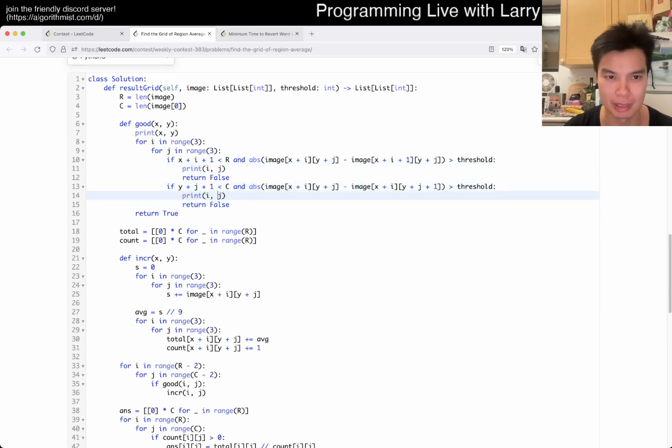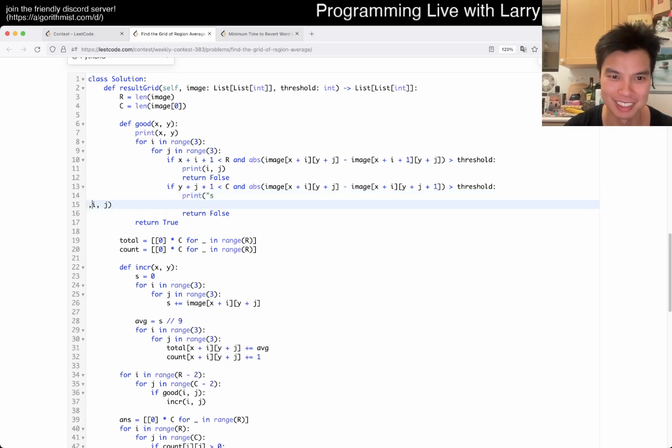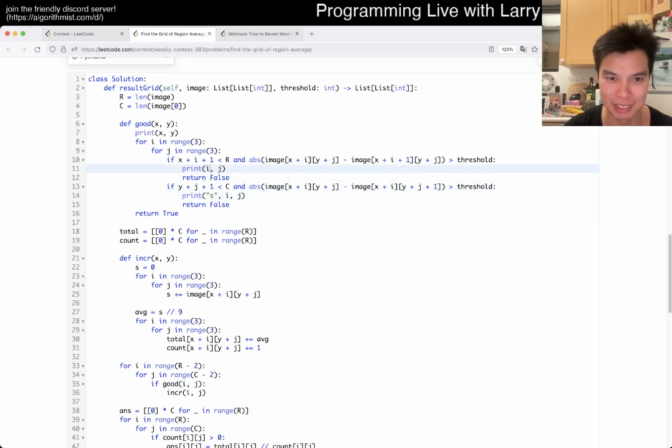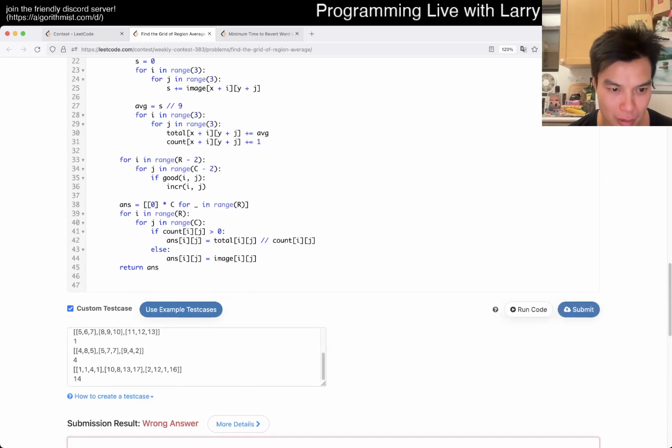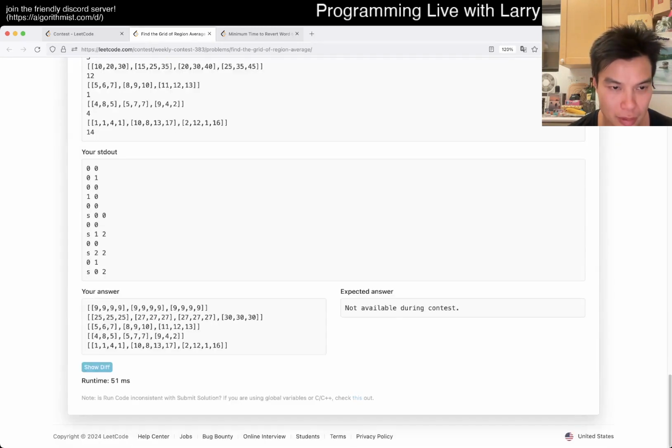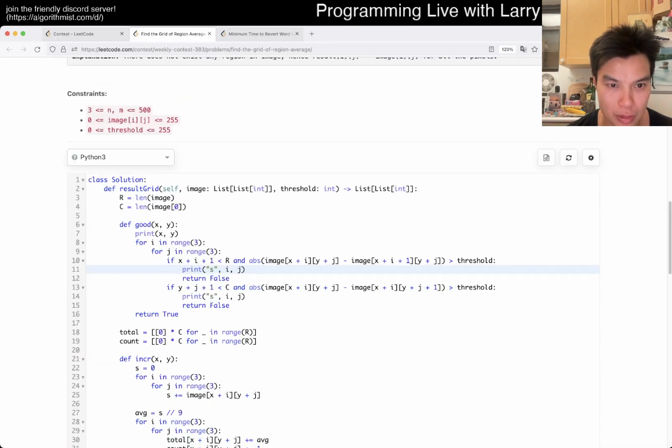How am I debugging this? This is not a hard problem. That's the bad part about it. 2, 2. Oh, no, you.